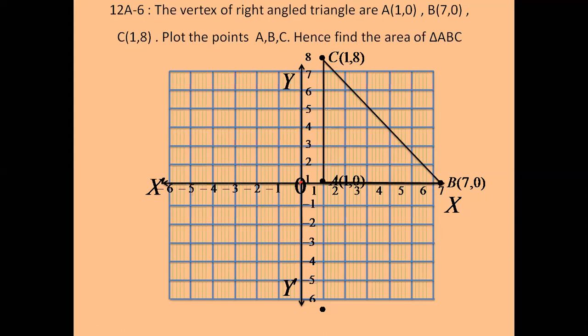It is said that it's a right angle triangle, and for a right angle triangle the area is half into base into height. So here this one is the height. From here to here, what is the distance? 8. Listen very carefully: 1, 2, 3, 4, 5, 6, 7, 8. Actually it will be a distance of 8.